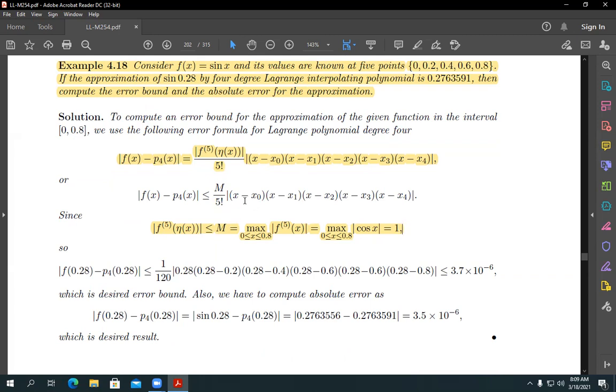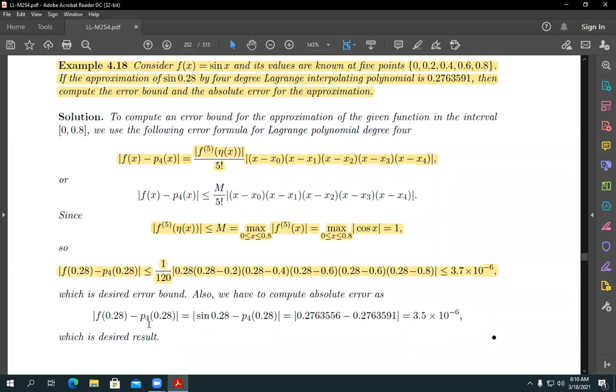X is 0.28, x naught is 0. So we can have this one. Put in all the values and you will get a very good error bound, a very small value as the answer. Why? Because we are using degree 4. As I told you, the higher the degree we use to approximate or find the error bound, the better the answer.